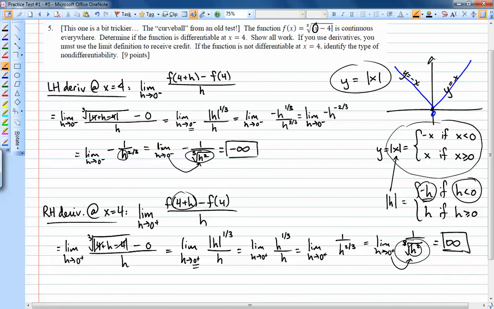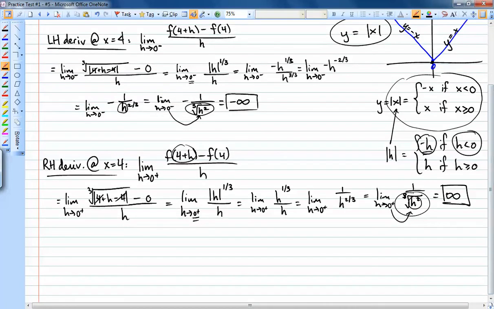So this means that on the left side of x equals 4, the slope of f approaches negative infinity. So just like this. And then on the right side of 4, it continues with a positive infinity.